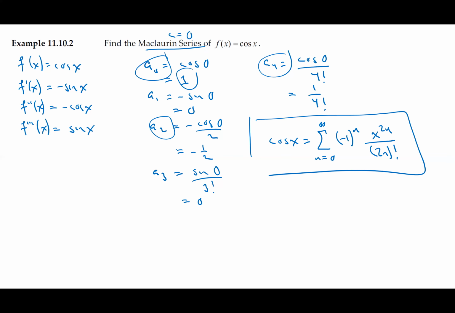Again, 1, which is 1 over 0 factorial. Negative 1/2, that's negative 1 over 2 factorial. A4, that's 1 over 4 factorial, and so on, okay? And so there's my Taylor series, my Maclaurin series to be more specific.